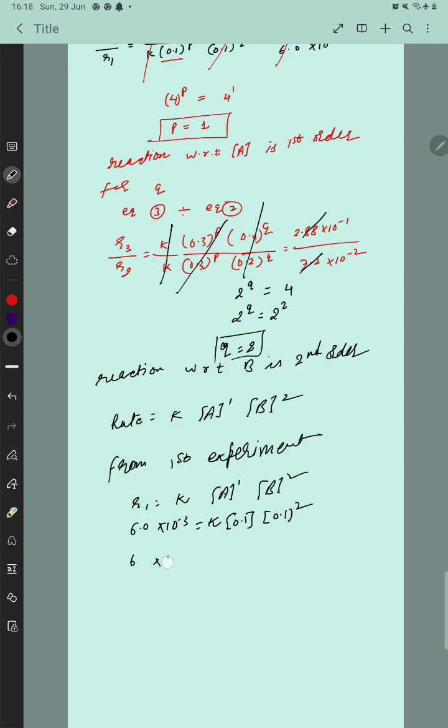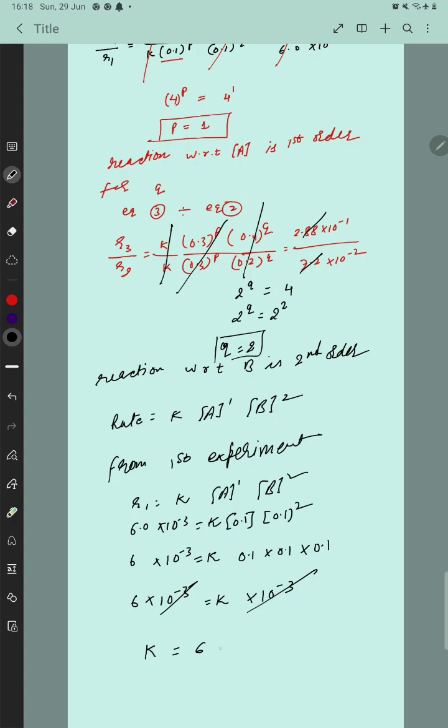So 6 into 10 power minus 3 is equal to K into 0.1 times 0.1 times 0.1, which is K into 10 power minus 3. This and this cancel out, so K is equal to 6.